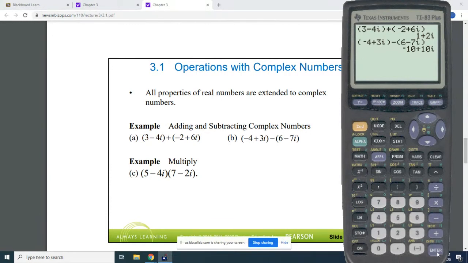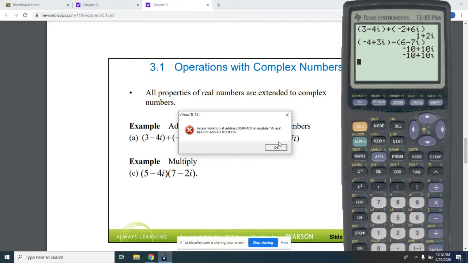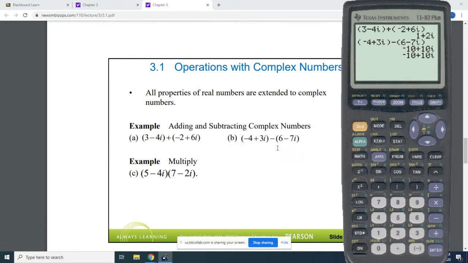And then lastly, we're going to multiply. So I'm going to put this in exactly as I see it. 5 minus 4i. Notice I didn't put a times in.